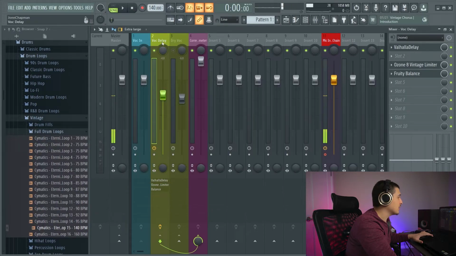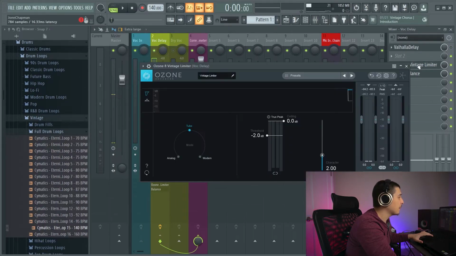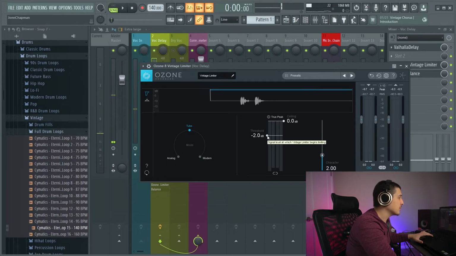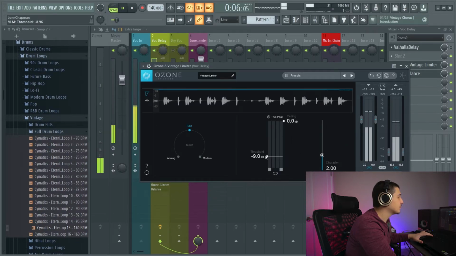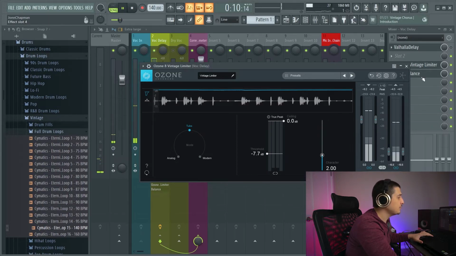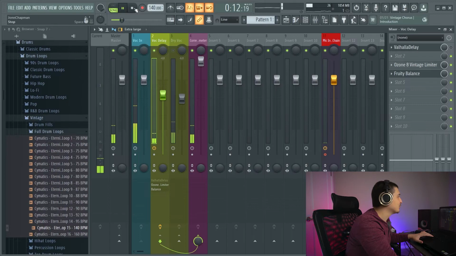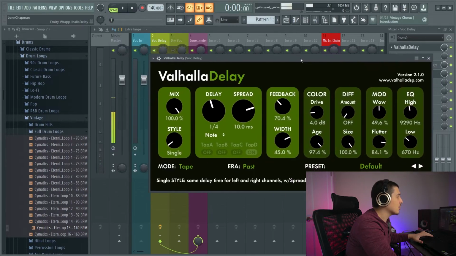What I'm going to do is send these drums through the same chain as our vocals, but I'm going to mute the dry ones, mute our delay, and set our limiter to about the peak of these. Cool. Now that I've got that, I'm going to turn our delay back on.